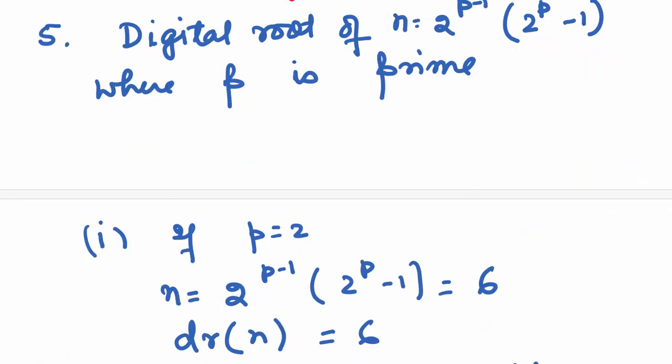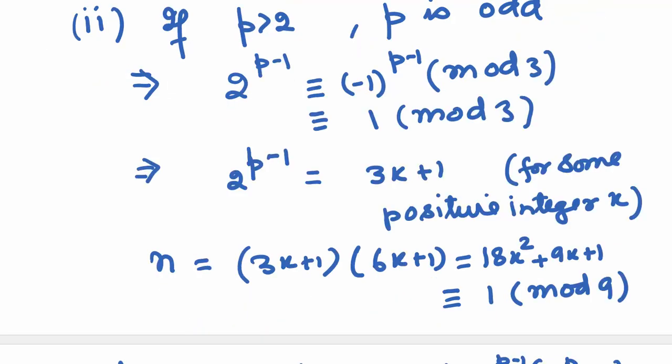Digital root of n equal to 2 to the power p minus 1 into 2 to the power p minus 1, where p is a prime, can be found separately. If p is equal to 2, n will be 6. So the digital root of n will be 6. If p is greater than 2, p will be odd. 2 to the power p minus 1 will be congruent to minus 1 to the power p minus 1 modulus 3, which is nothing but 1.